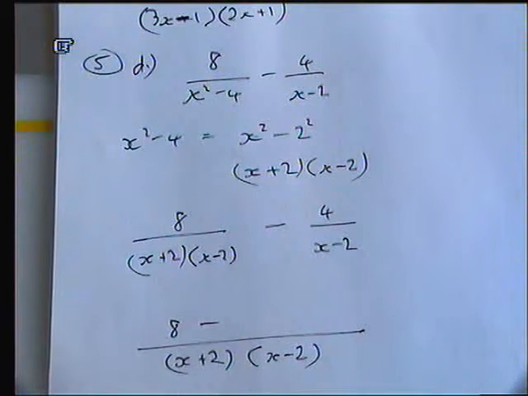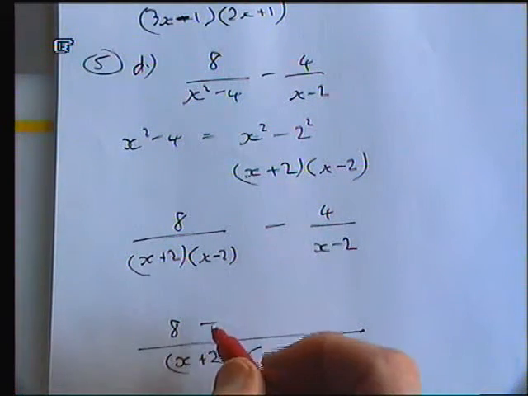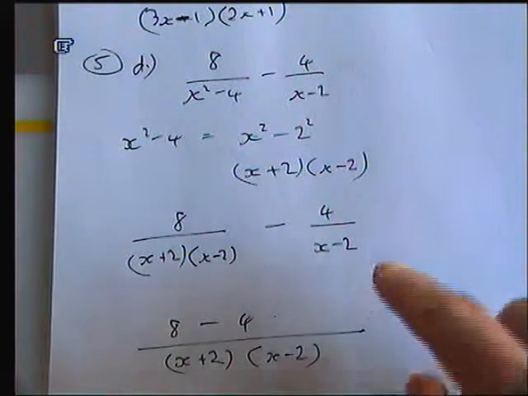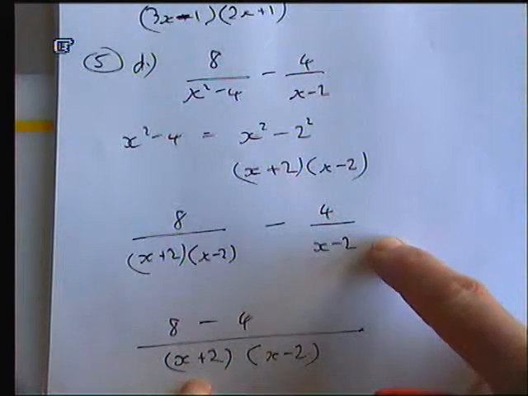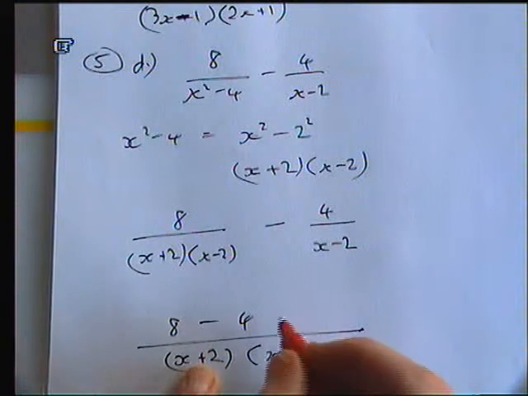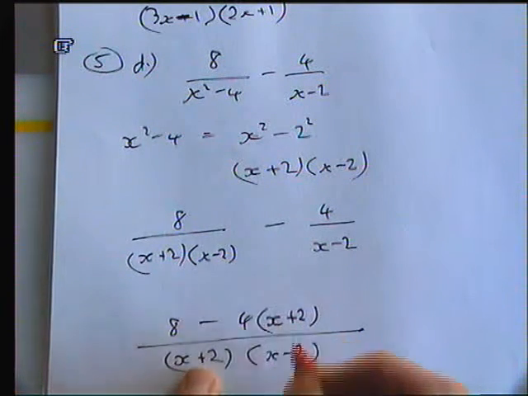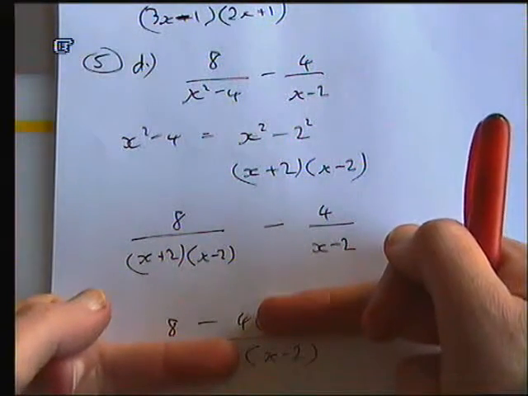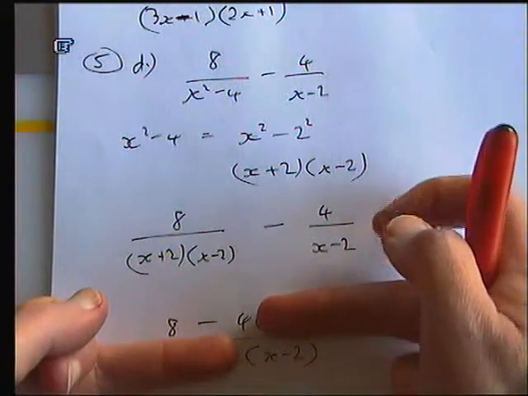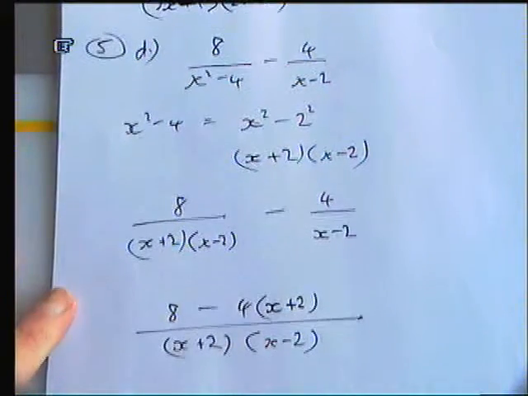Then I come to my minus sign, and the 4, if you look at the bottom of the fraction here and compare it with this one, I've introduced an extra x plus 2. So I need to put the x plus 2 up here as well. So effectively, that x plus 2 and that x plus 2 cancel out, and I get 4 over x minus 2, which is what I want here.